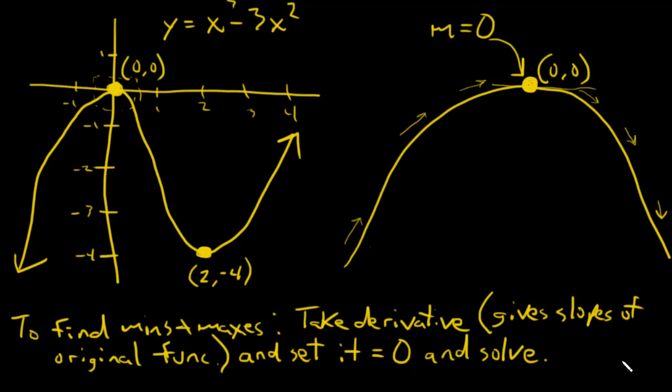So let us work on that analytically with a quick example. Let me clear the board. So we had y is equal to x cubed minus 3x squared. I should have left the math, oh well.